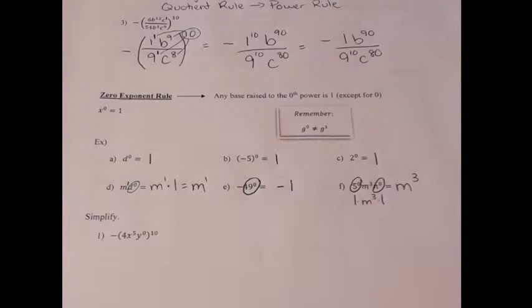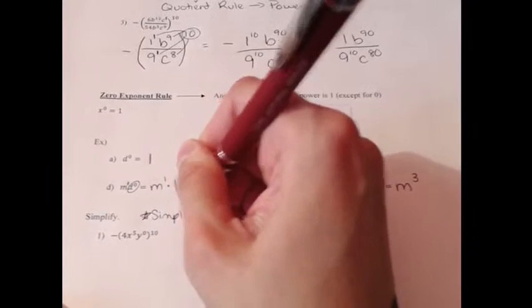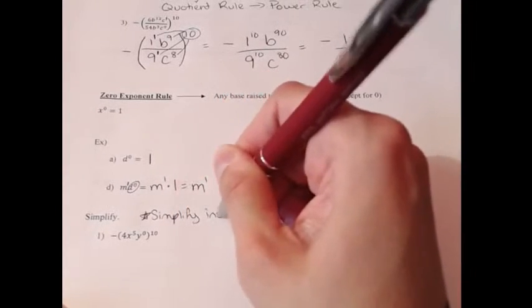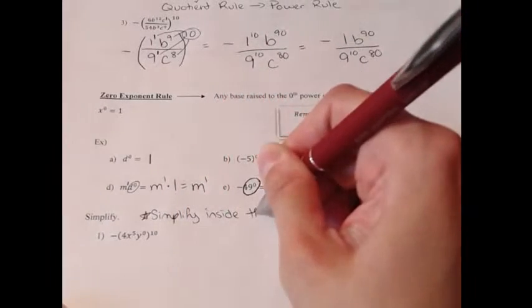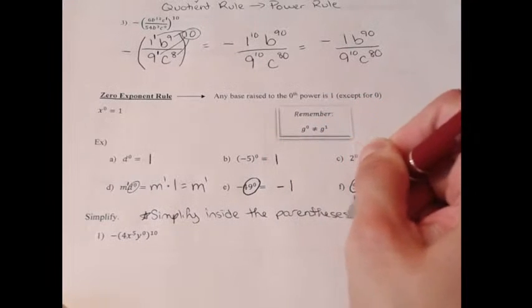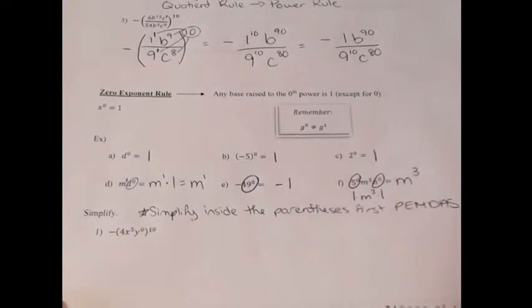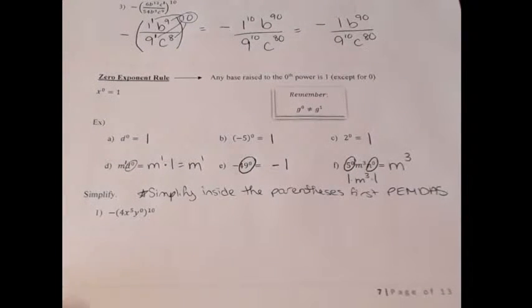The first thing I would tell you is that it's going to be helpful if you simplify inside the parentheses first, right? When you do this, I really want you to think about PEMDAS, the order of operations. That's going to be really, really helpful.